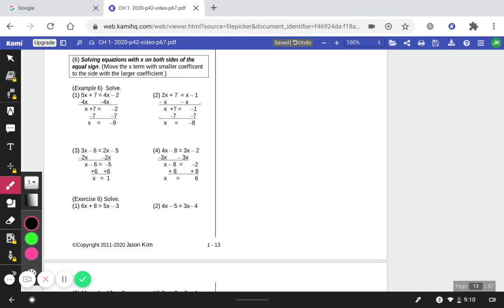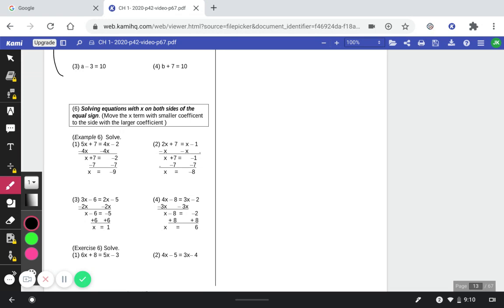Number 6, solve the equation with the x on both sides of the equal sign. So this is a little advanced case. For example, you have 5x plus 7 equals 4x minus 2.